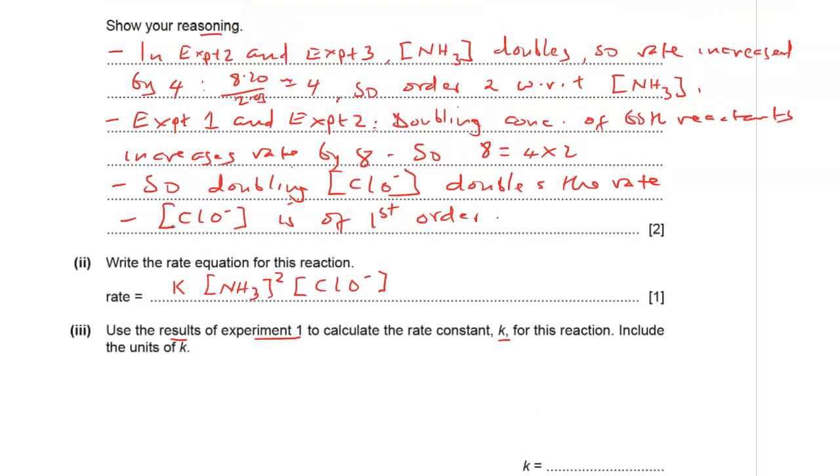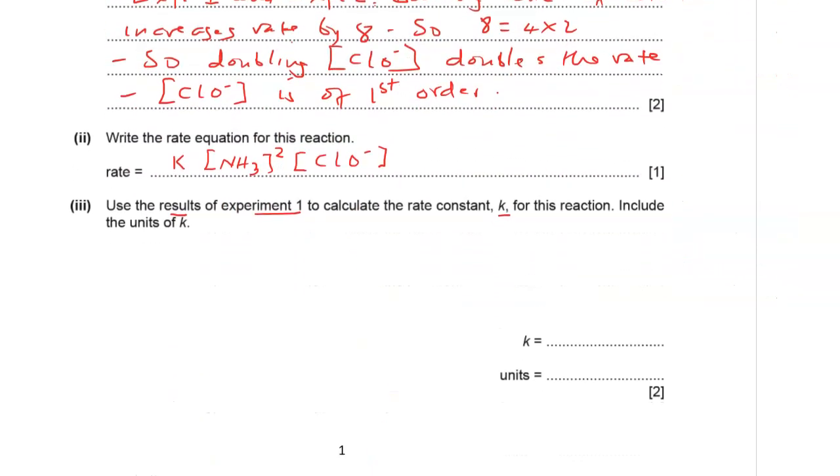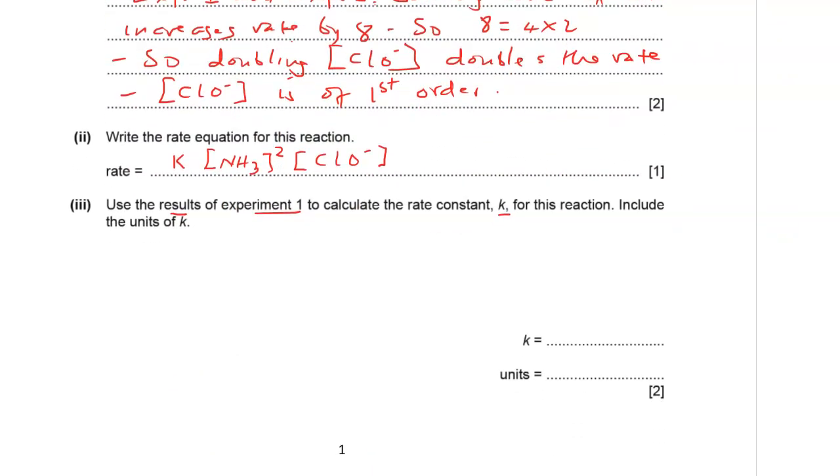Therefore, for experiment 1, chlorite concentration is 0.2 and ammonium is 0.1. The initial rate is 0.256. So that's what we're going to use right here.